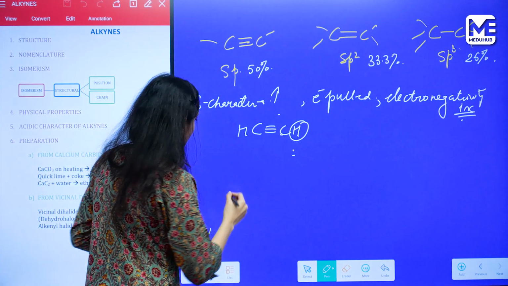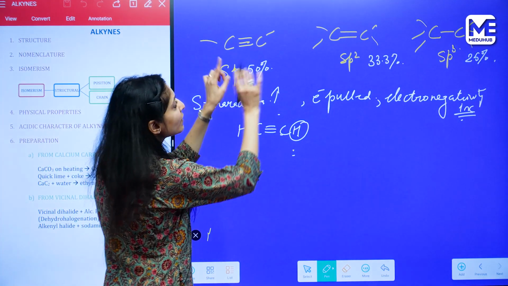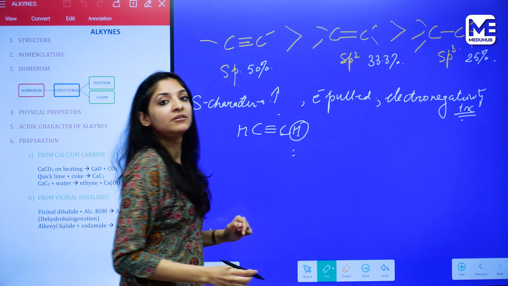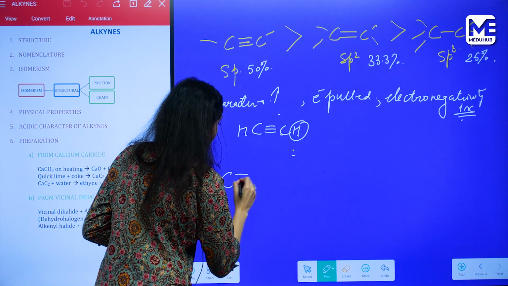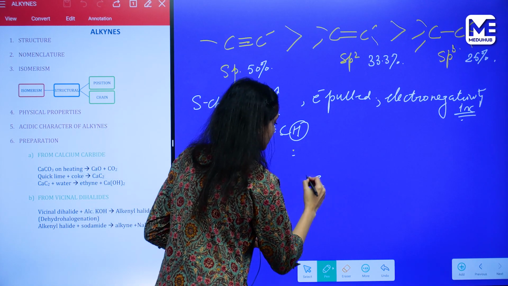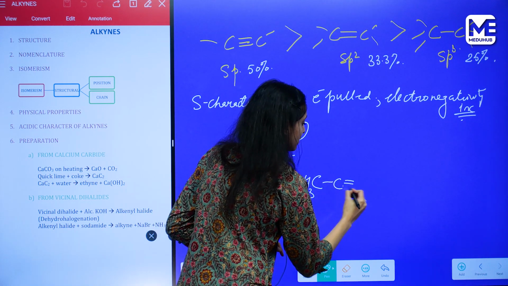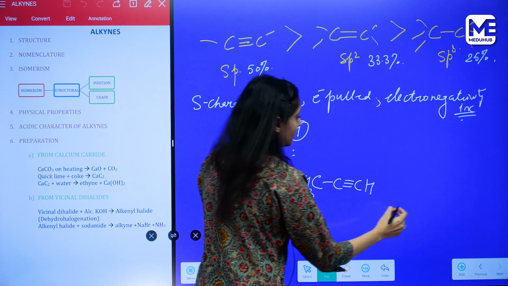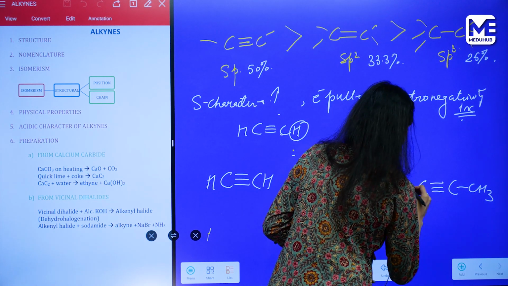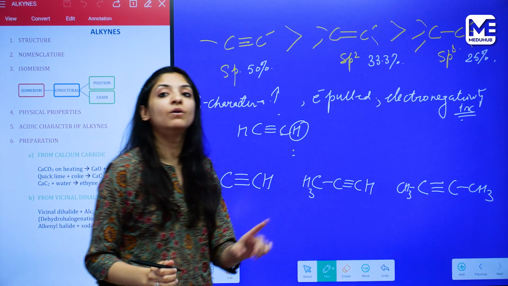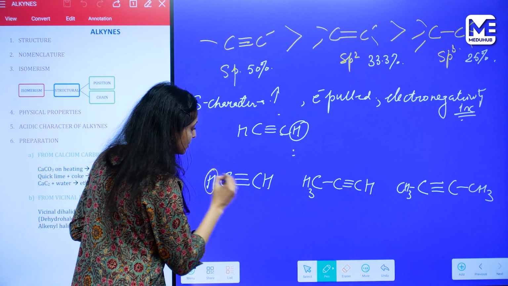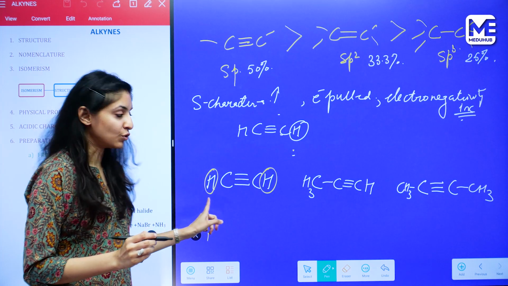Now, if we talk about acidic nature, let's take ethyne, propyne and butyne. What will be the order for acidity in these three compounds? Here we have two hydrogens which can be released as protons.